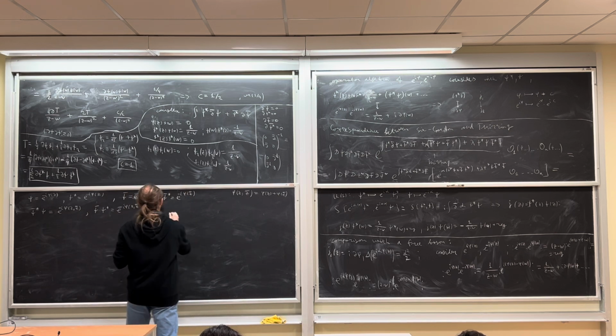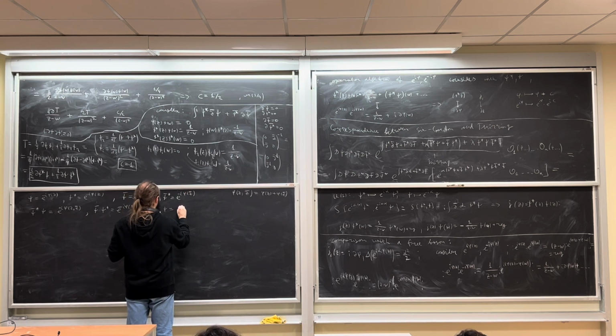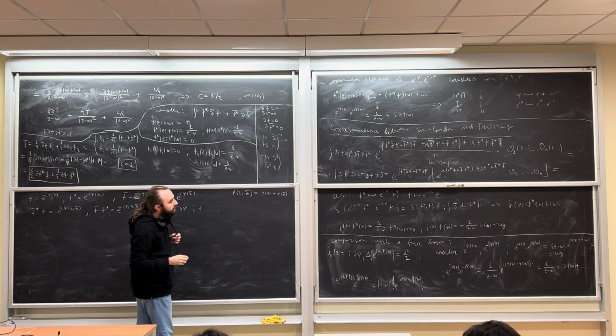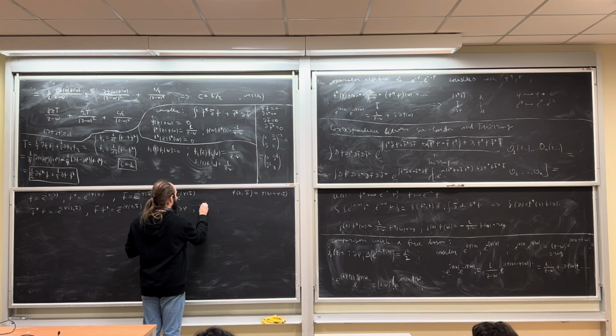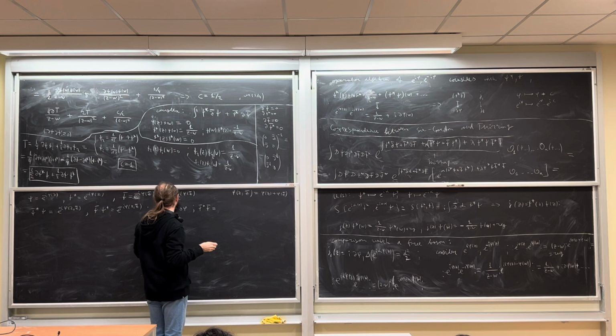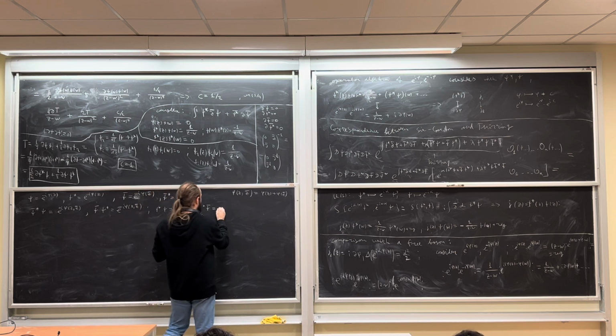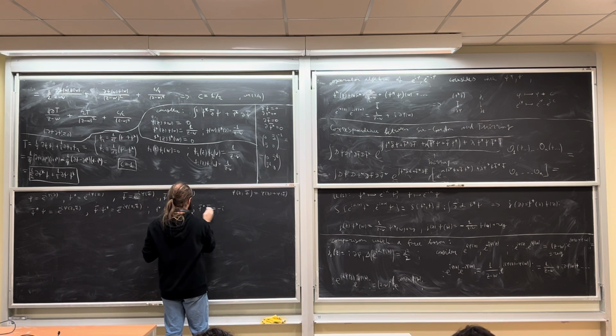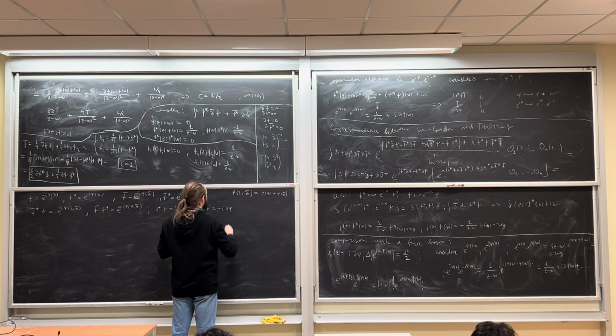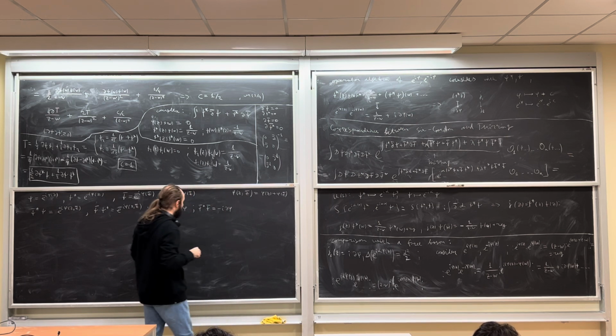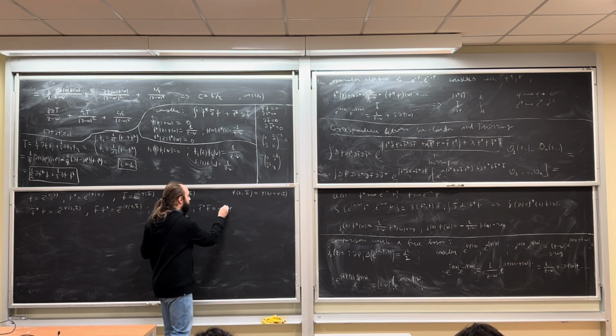So psi star psi equals i d phi, and psi bar star psi bar will equal minus i d bar phi.